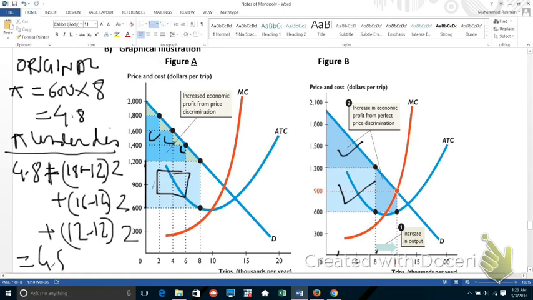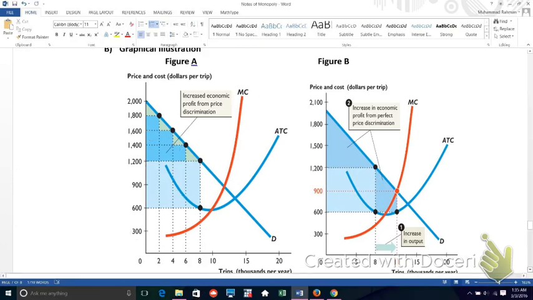If you do your calculation, you will see that all the summation adds up to 3. So profit under the original single price charging was 4.8. Profit under discriminatory price is 7.8. So it should be clear that under price discrimination, profit is much higher. So there is a strong rationale for our monopolies to price discriminate.